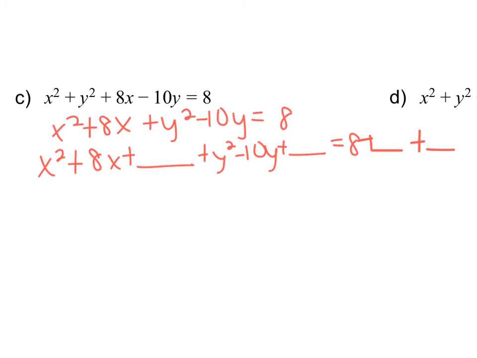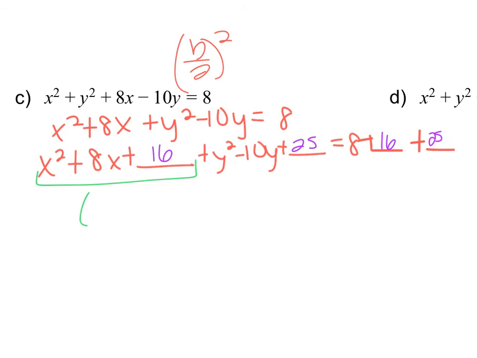Let's first talk about the x's. Remember, you're doing (b/2)^2 to complete the square. So 8 divided by 2 is 4. 4 squared is 16. So I'm going to have to add 16 over here. Then on the other side, 10 divided by 2 is 5. 5 squared would give you 25. So I'm going to have to add 25 over here. Now let's factor this first group.